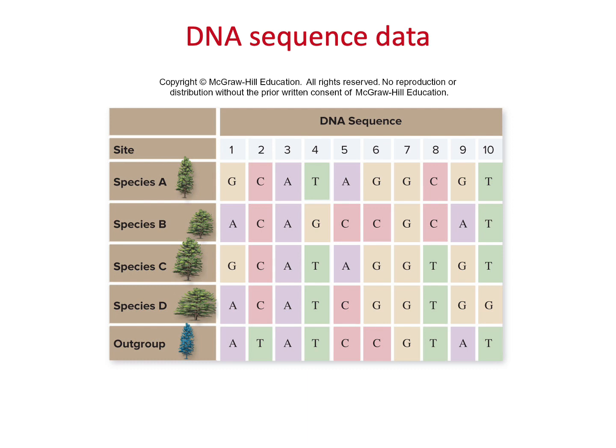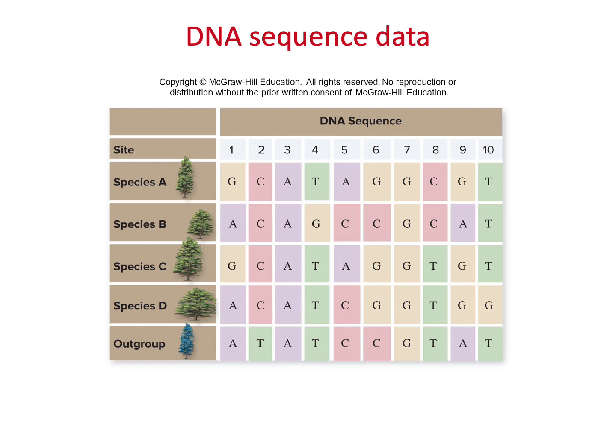So here in this table, you can see 10 different sites of DNA sequencing data are considered, and the outgroup, which is considered the ancestor, has its DNA sequence data in the very top row, and you are comparing the nucleotide changes in each of these sites in the 4 different species that we are interested in.